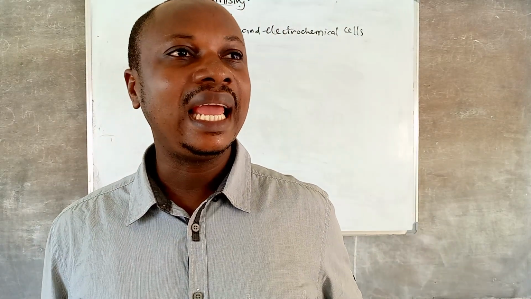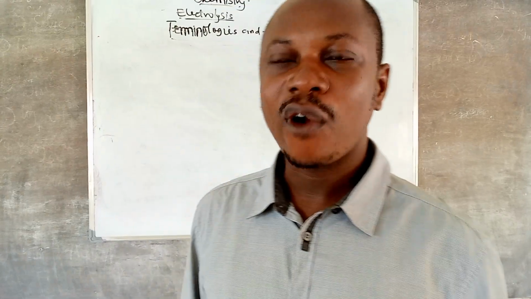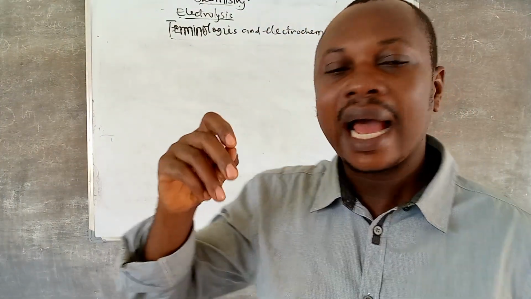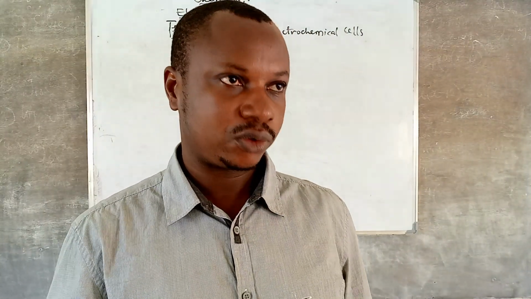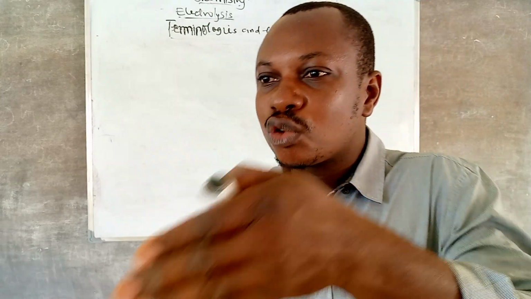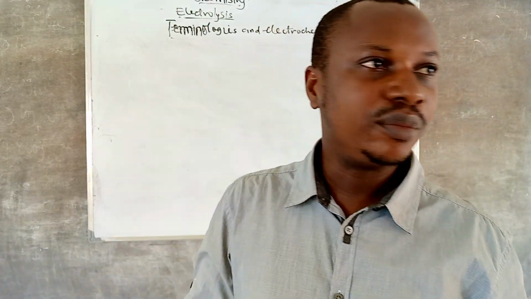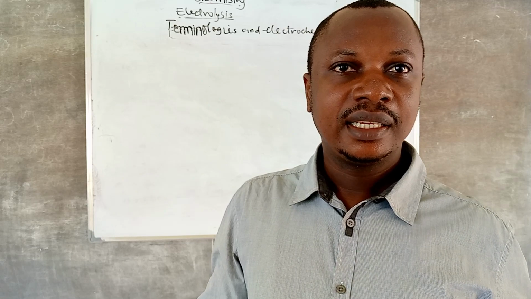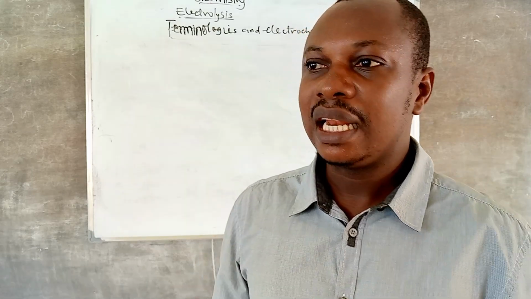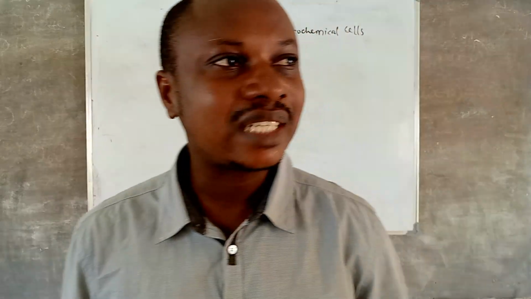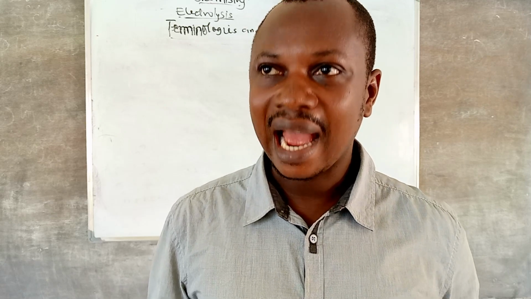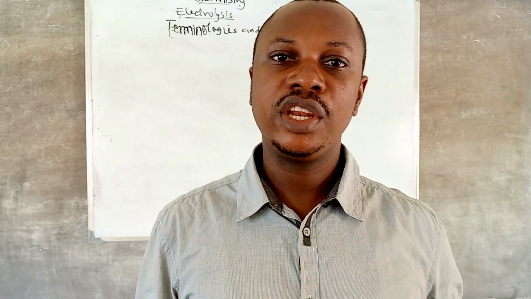Now, if you're talking about electrolyte, don't forget the definition I gave you of electrolysis. It's the decomposition of a compound by passing a direct current through either the solution of that compound or its molten state. Electrolytes are substances which conduct electricity and are decomposed in the process.